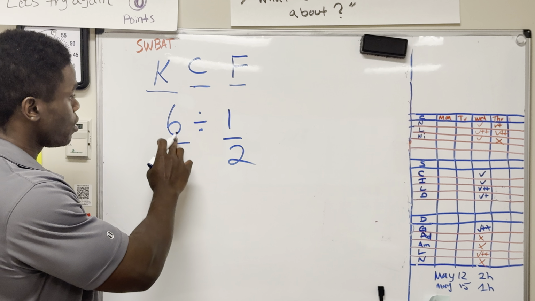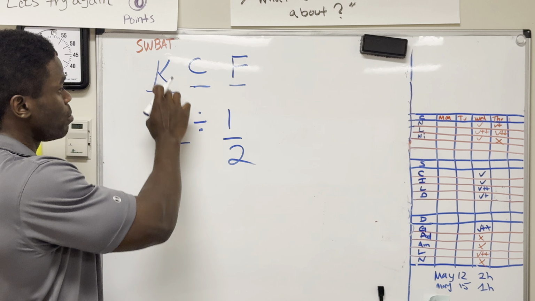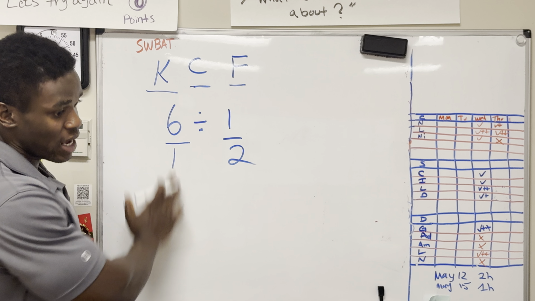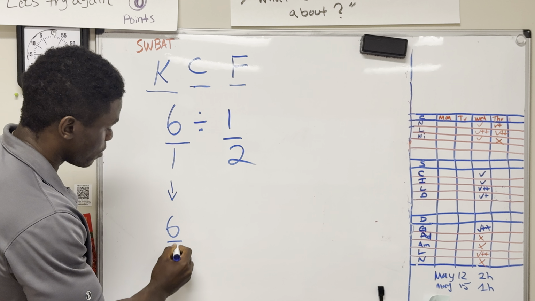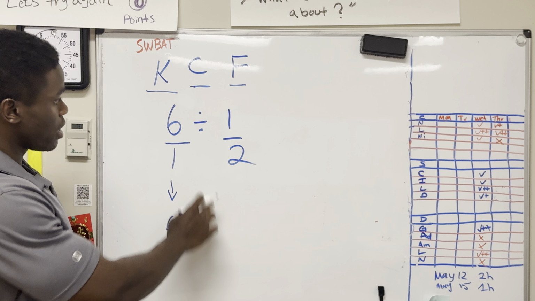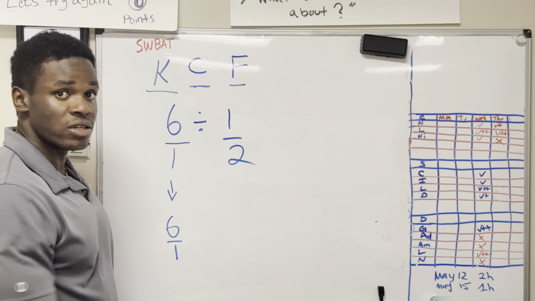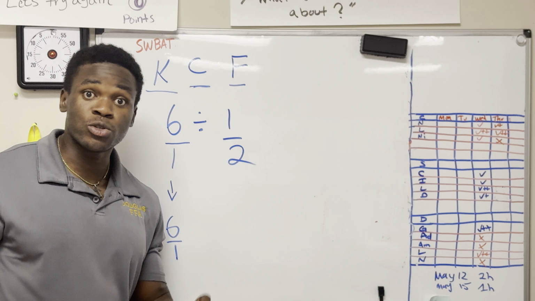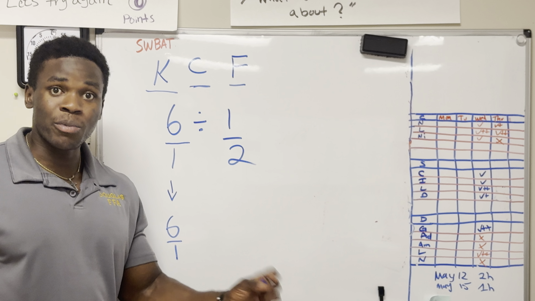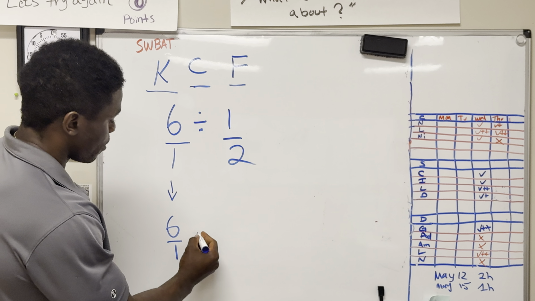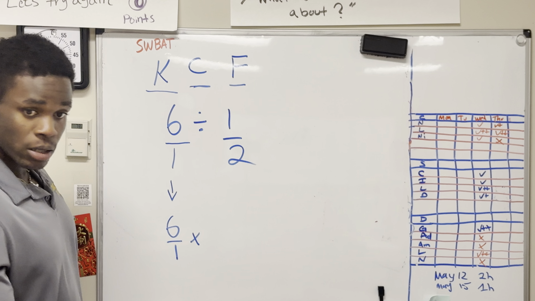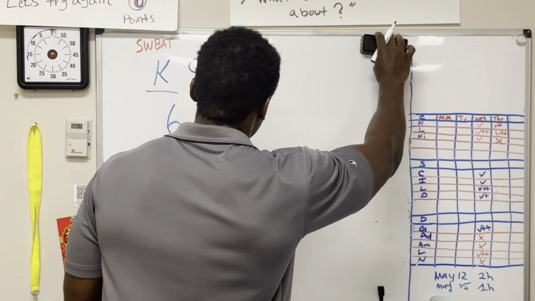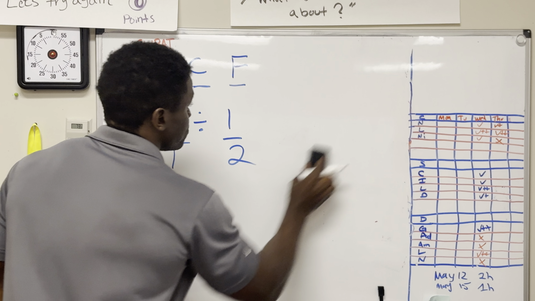Okay, so here my first rule is to keep my first number. My first number has to be kept. So I keep it the same, 6 over 1. Then I go to my next, which is division. Division has to be changed to the opposite. The opposite of division would be multiplication. Then here I have multiplication. Let me write it a little bit bigger just to make sure that you can see it.